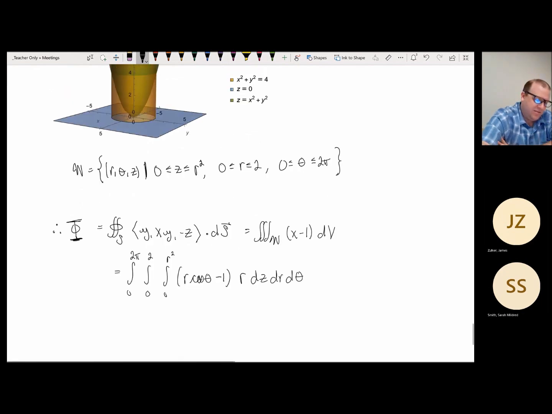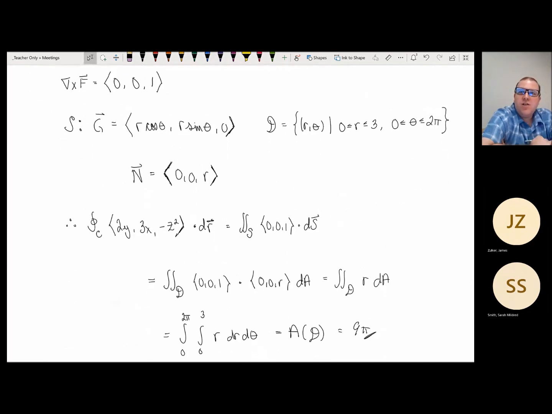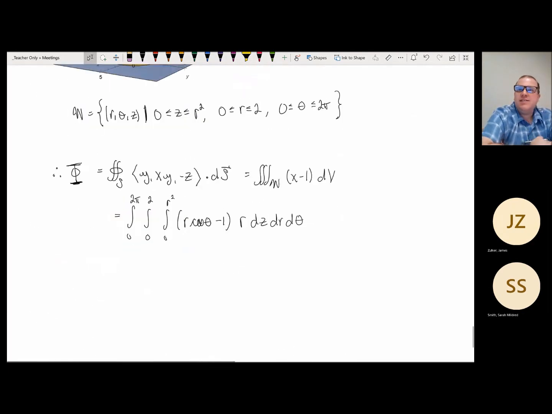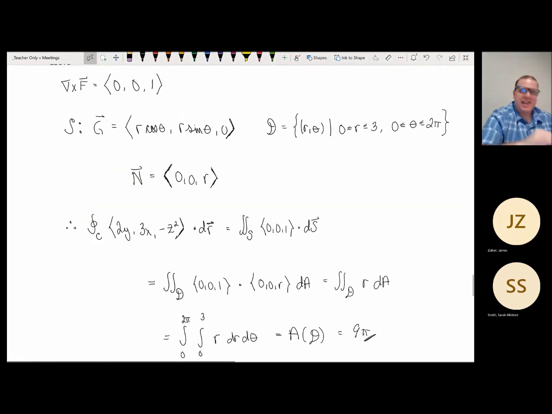In the previous problem, I'm parameterizing it as r cosine theta, r sine theta, which means I'm not converting an integral. I'm already setting it up this way. But it's not a parameterization here. It's a description in cylindrical coordinates. That's the difference. Parameterizations are not technically in any kind of coordinate system.